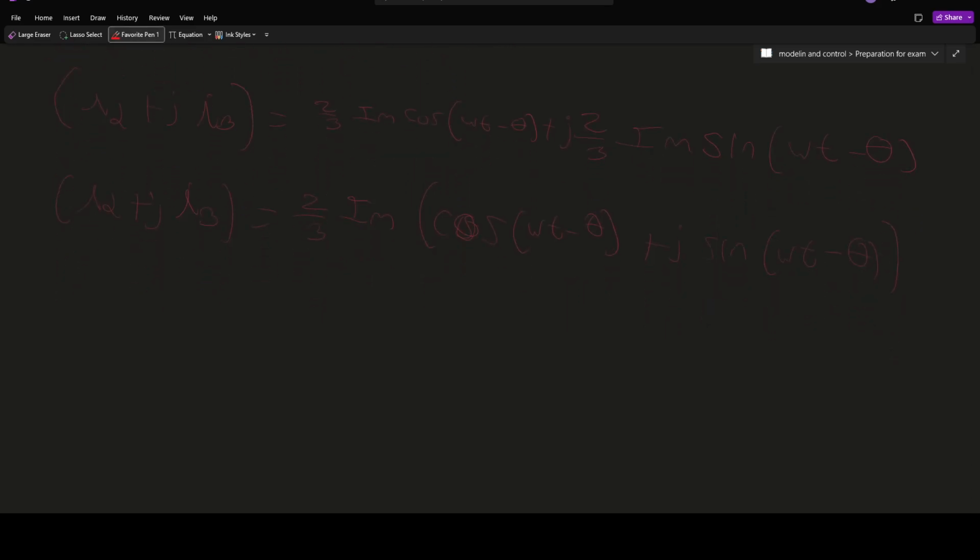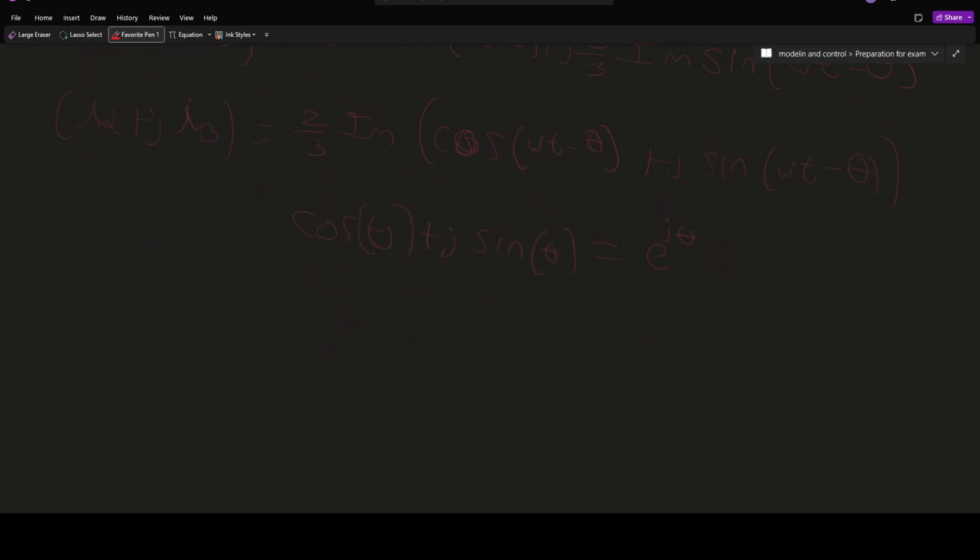And now if we follow our trick identity that says that cos of an angle plus j sine of an angle is equal to e to the j times the angle.